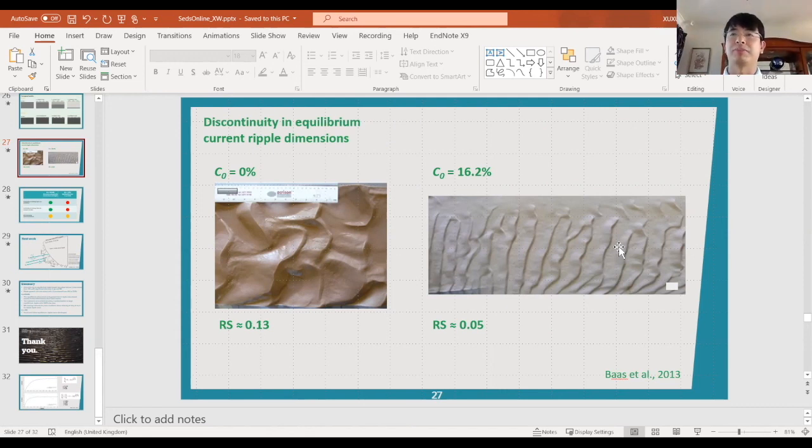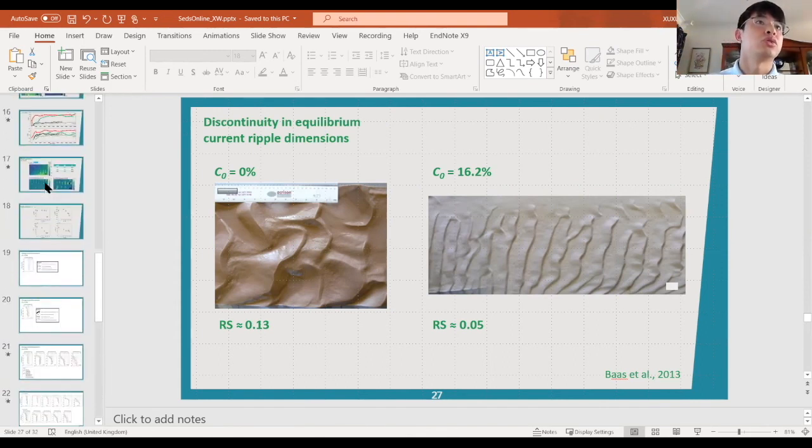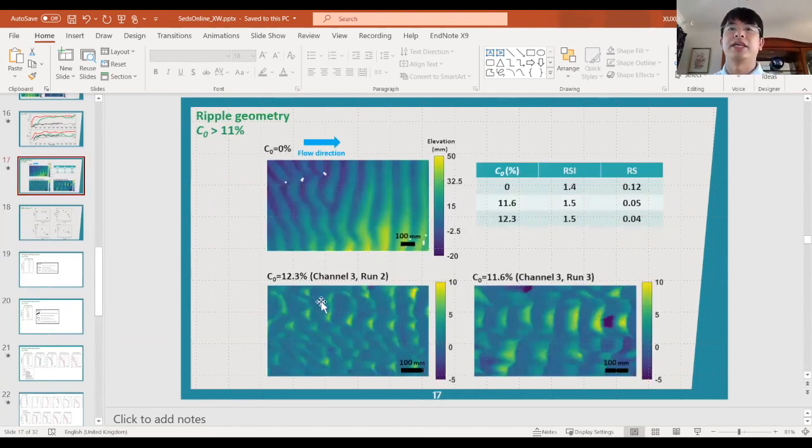I think that's because they haven't yet merged together to form the two-dimensional ripples. If I come back to my slides, to this one, you can see this is a clay content lower than 12.3. So these ripples started to merge together and form two-dimensional ripples. That's what I think the difference is.